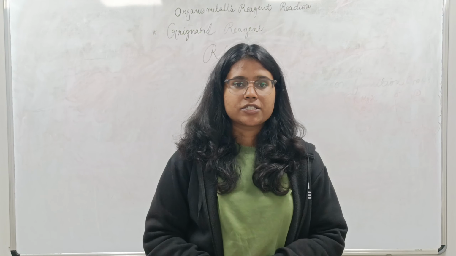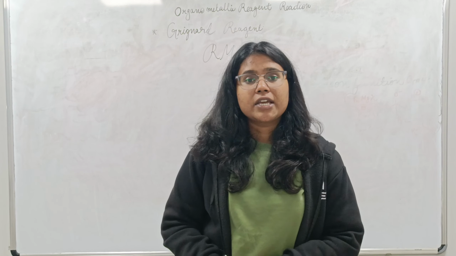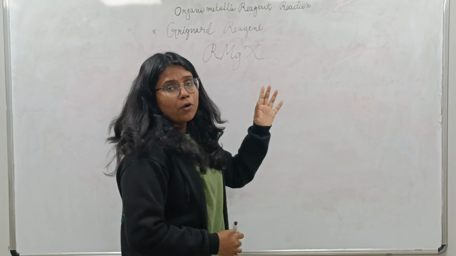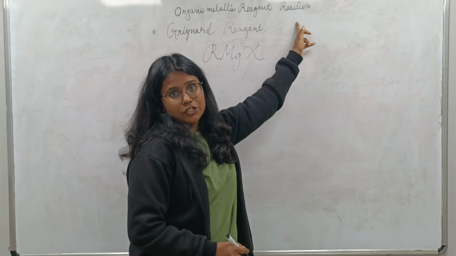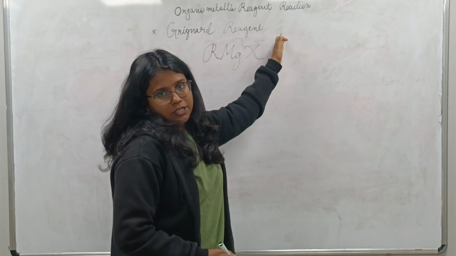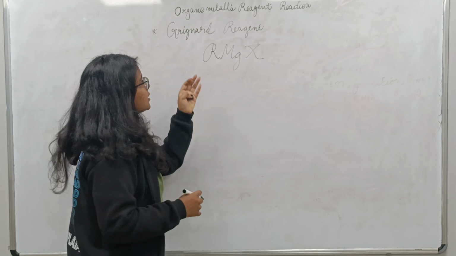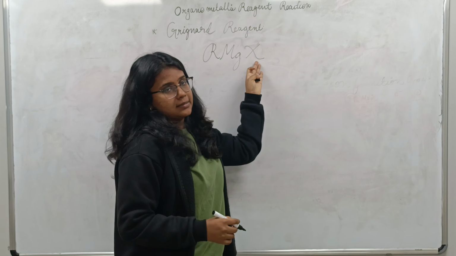I am pursuing Masters from IIT Hyderabad, and today I would like to discuss a very important organometallic reagent reaction, which is a Grignard reagent reaction. It is represented as RMgX.